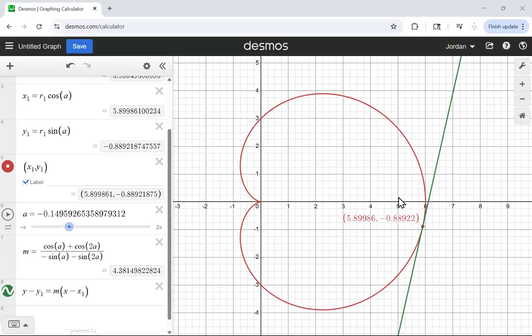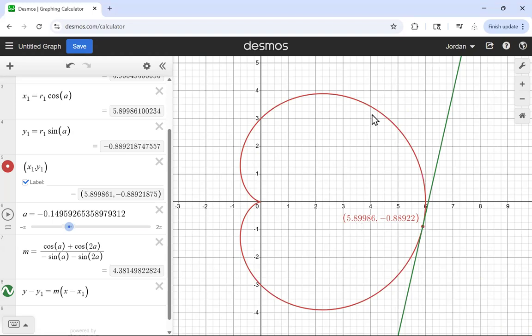I did the same thing with this graph as I did with the previous one. I graphed this polar equation, which in this case was a cardioid, not a rose curve like we had last time. And then I've labeled some point on there.